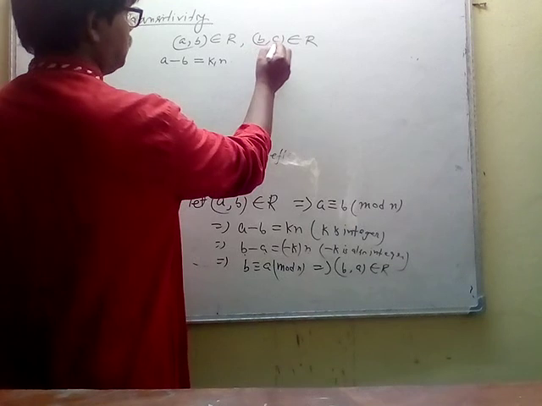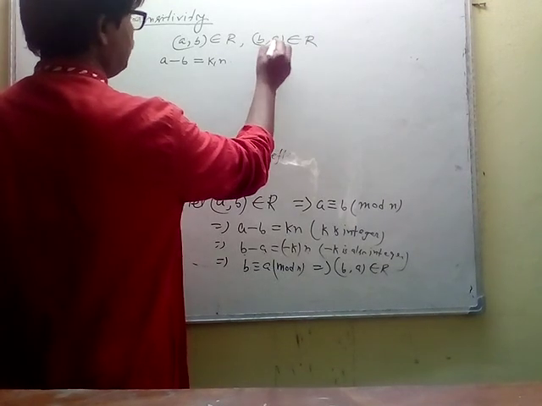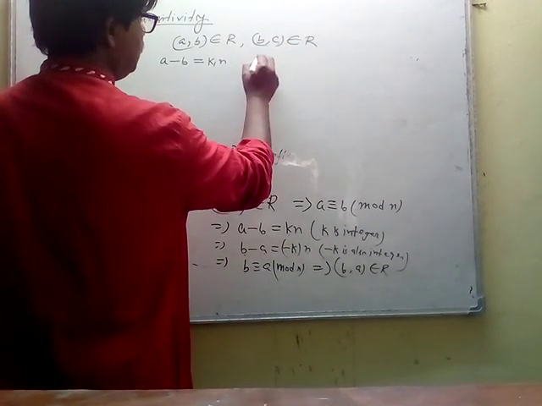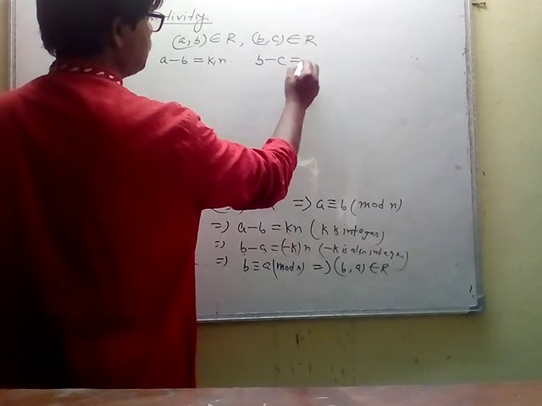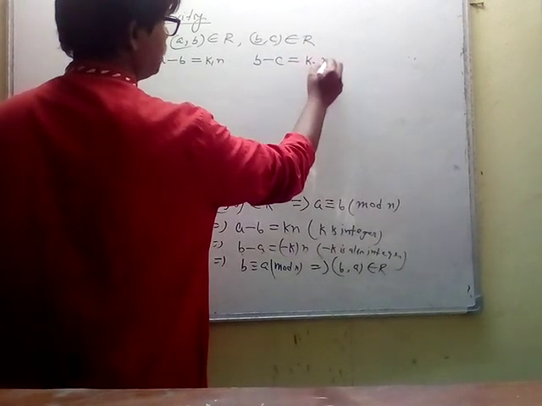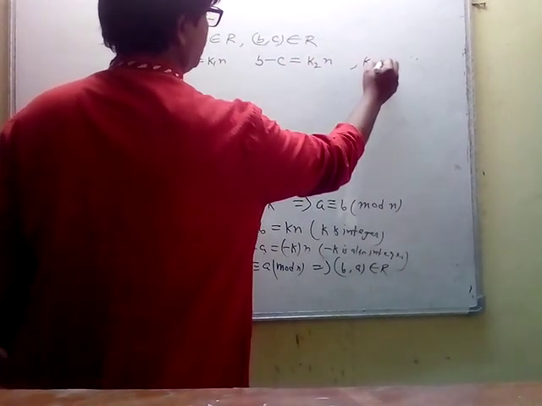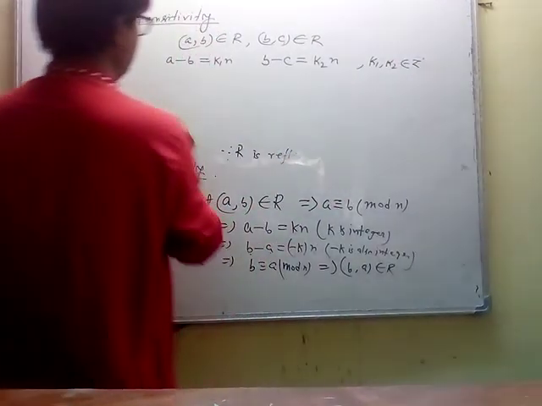B related to c, then b minus c is divisible by n, say k2 n, where k1, k2 belong to Z.